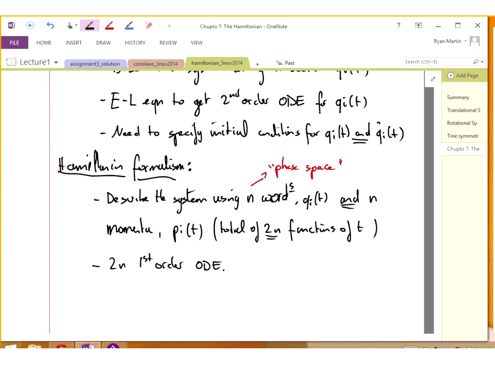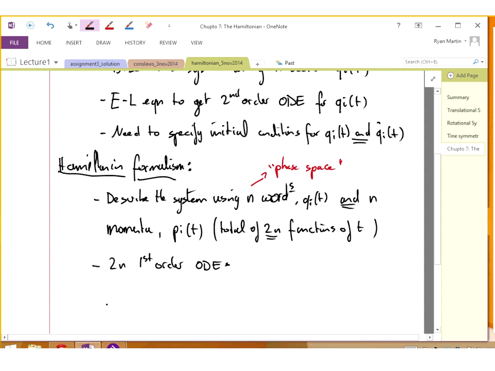You can always write a second order ODE as 2 first order ODEs. That would generally be actually how you solve it. So it's not fundamentally that different, except that the fundamental description of promoting momentum to one of the variables that describes the system is important, is fundamentally different.